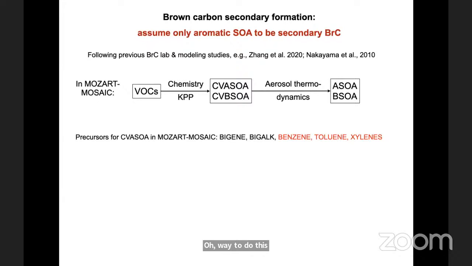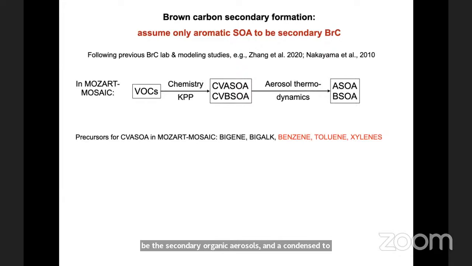For the secondary brown carbon production, we leverage the existing secondary organic aerosol production scheme within WRF-Chem, where here we use the MOSAIC scheme. It calculates the VOC evolution and then uses the KPP chemistry scheme to calculate how much of this VOC will be formed into secondary organic aerosols and condensed into the aerosol phase.